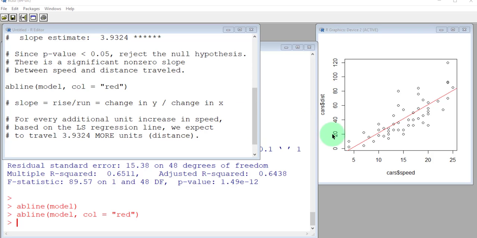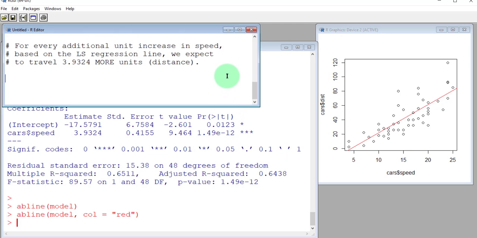From the previous video, we saw the cars data set, which was a relationship of distance on speed, and we had the slope and intercept estimates here. If we were to write the equation of the line, our slope estimate, 3.9324 times x minus the 17.5791. So that is the equation of the least squares line.